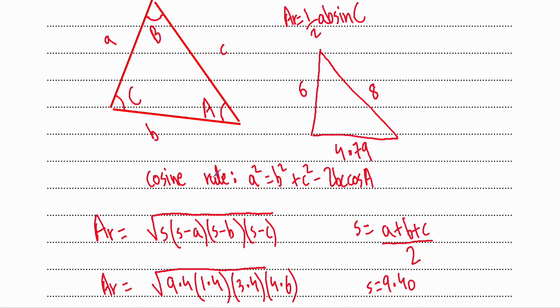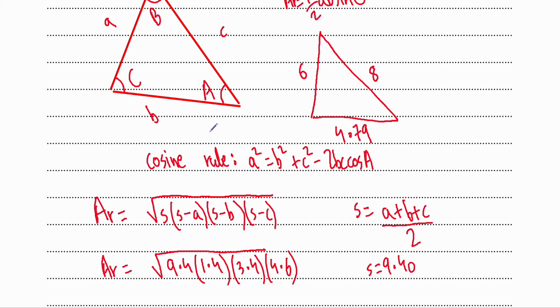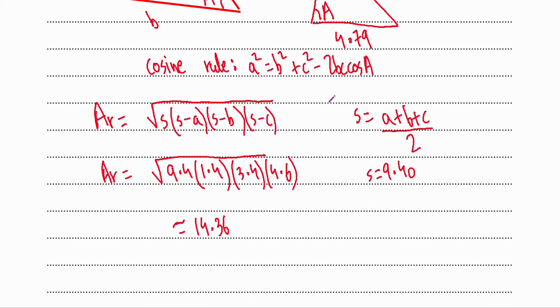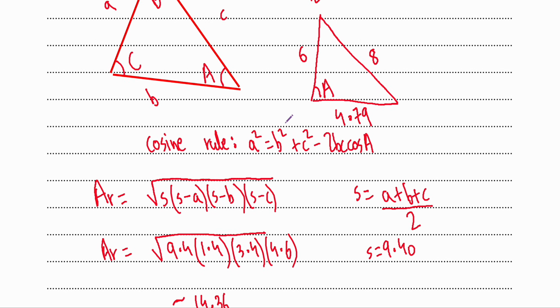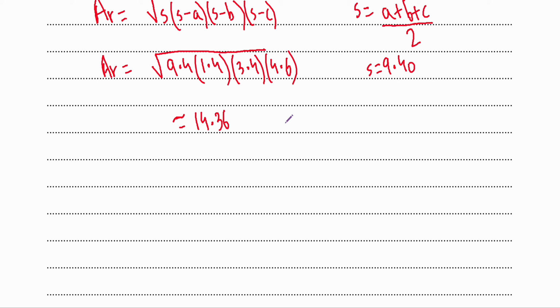Now let's use the cosine rule and see if you get the same answer. So if you're trying to find this angle A right here, let's do it using the cosine rule. If you rearrange, we get (a squared minus b squared minus c squared) divided by negative 2bc is equal to cos A. I'm just going to put in the numbers in my calculator.